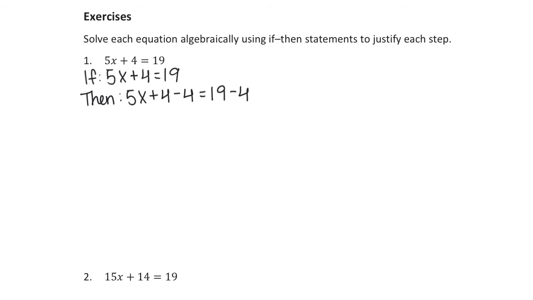And that's why I have 19 minus 4. If I have 5x plus 4 minus 4, which is going to give us 0, it equals 19 minus 4, which is going to give us 15. Then we know now that 5x equals 15.